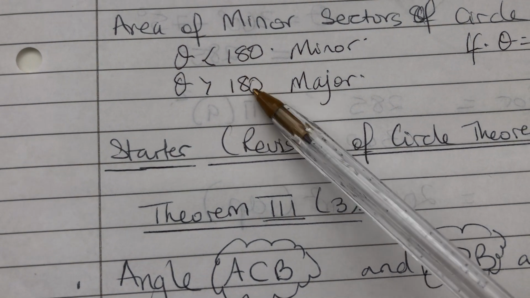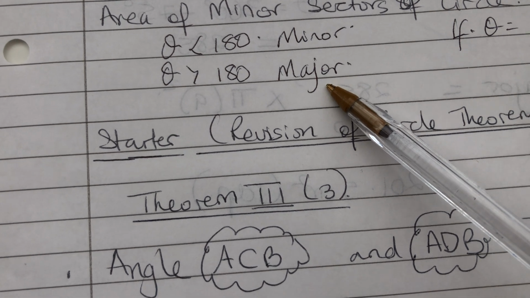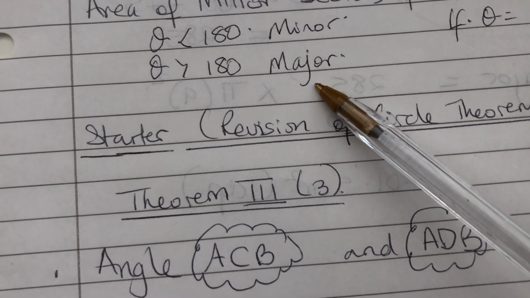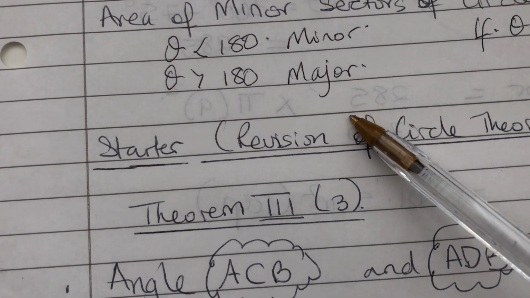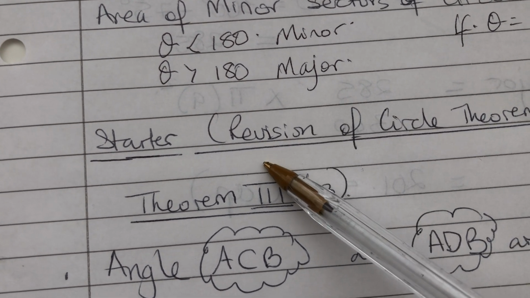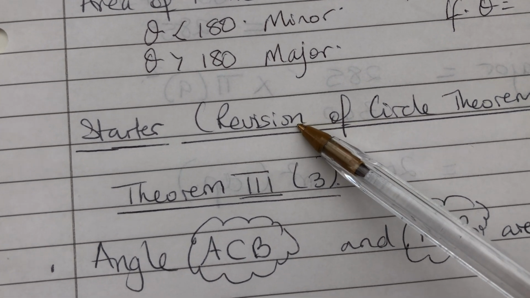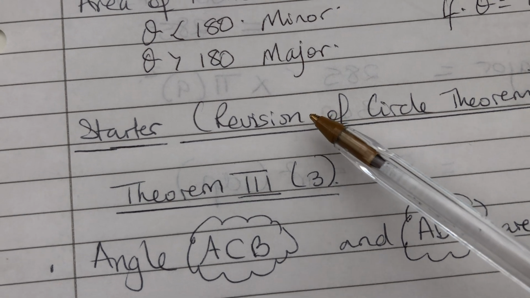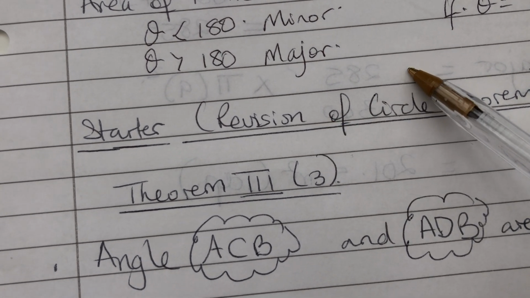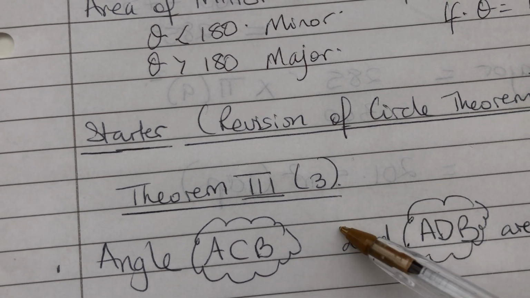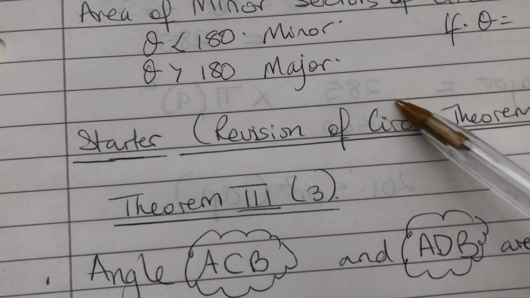If it's greater than 180, then it's a major. So they might give you the angle for a major sector and ask you to find the area of the minor sector. All you need to do is to subtract the angle you've been given from 360 and use that to find your minor sector. I hope you understand me.